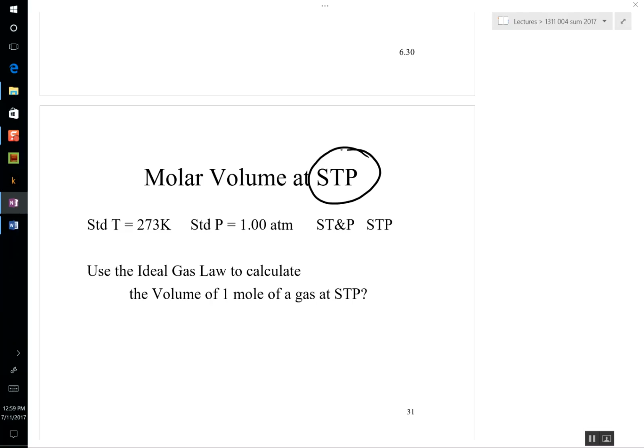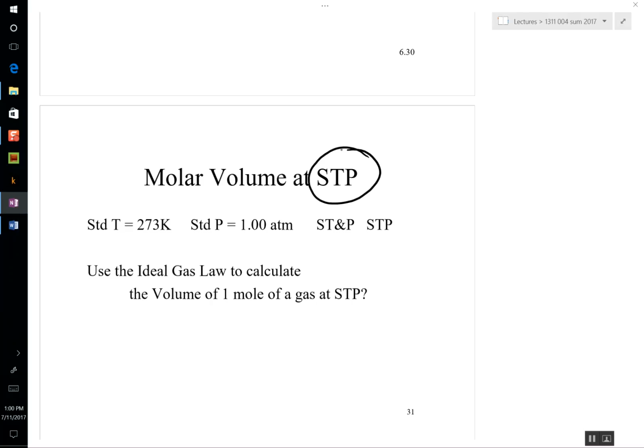So you can see that temperature and pressure affects a gas. You'd say, well, I've got 20 liters of this gas over here, and I've got 10 liters of this gas over here. Well, the first thing I'm going to ask is, are they at the same temperature and pressure? Because I could change the temperature and pressure, and I can have 20 liters of each one of them. So standard temperature and pressure ends up being a reference point where we could compare one gas to another gas.